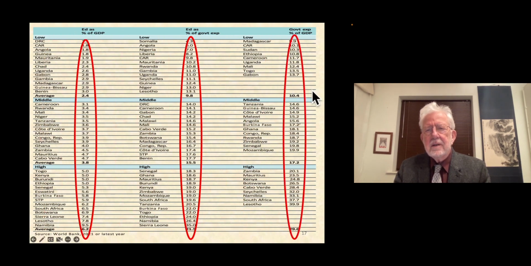If we look at the last column there on the right, government expenditure as a percent of GDP, this is a measure of how big government is, and you can see that government is actually quite small in many of the poorest countries and occupies or costs less than about 12% GDP. The average for that group is 10%.